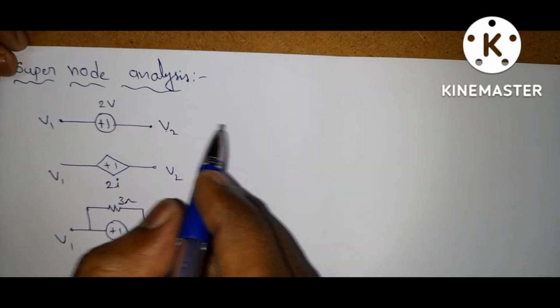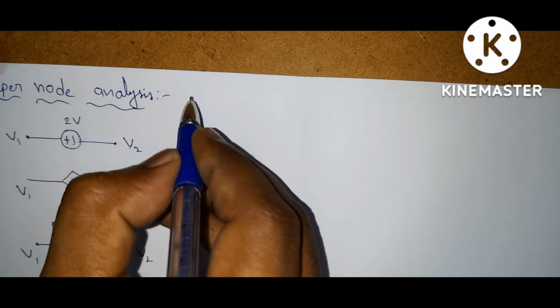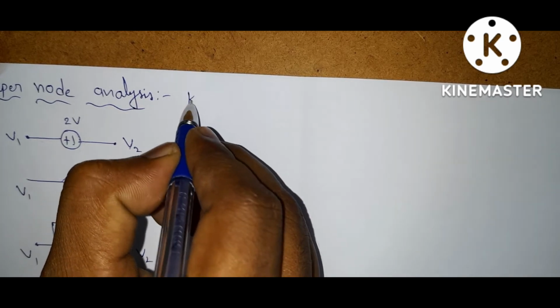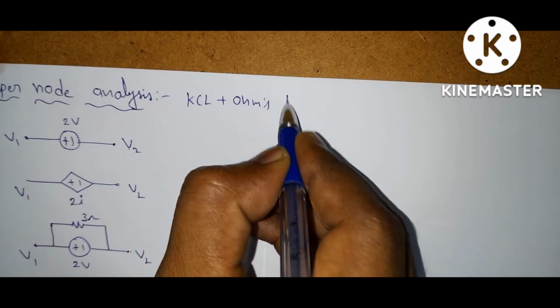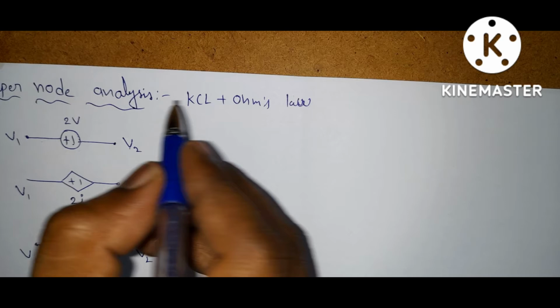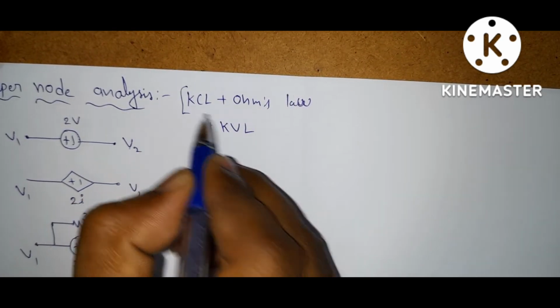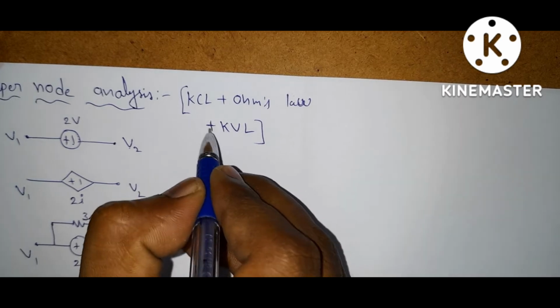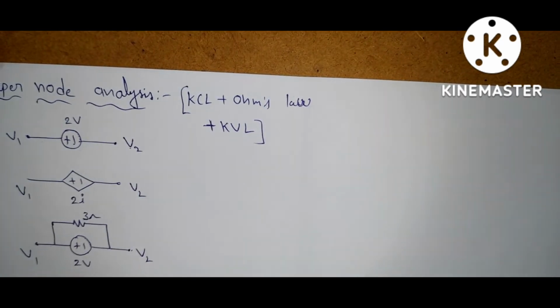Here we solve the supernode using 3 techniques: for nodal analysis, KCL plus Ohm's law, and for supernode analysis we get extra KVL.